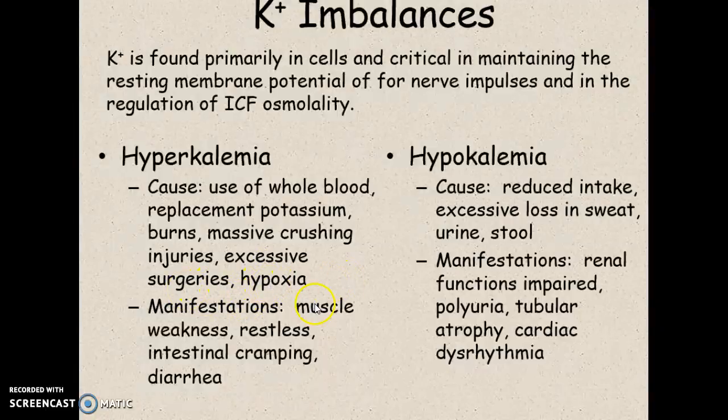You can have hypoxia, and then manifestations: muscle weakness, restlessness, intestinal cramping, diarrhea, all issues that come along with nerve impulses. And then hypokalemia: reduced intake, excessive loss in sweat, urine, stool. So there's going to be other physical issues going on for you to have excessive loss in sweat, urine, stool.